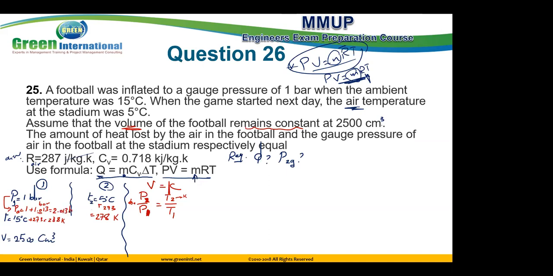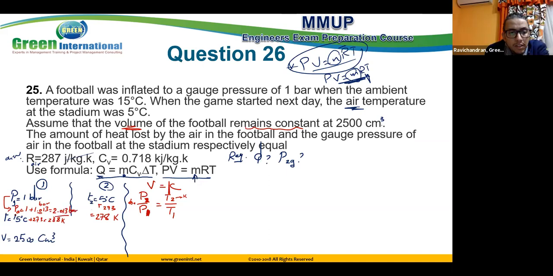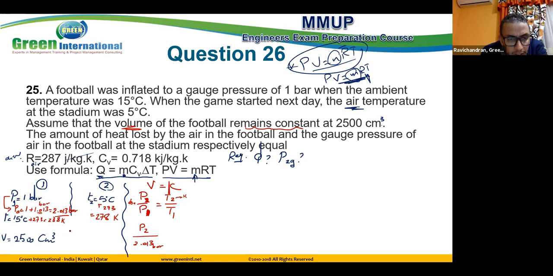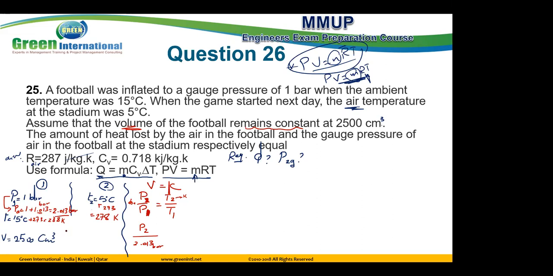So we obtain 2.013 bar, which is absolute. So I write it here: P1, which is 2.013, is equal to, and P2 is 1.94 bar absolute. Answer again, directly T2 by T1 into P1.